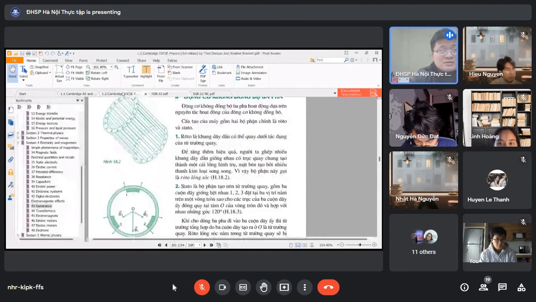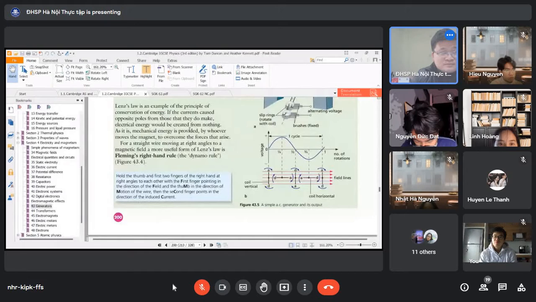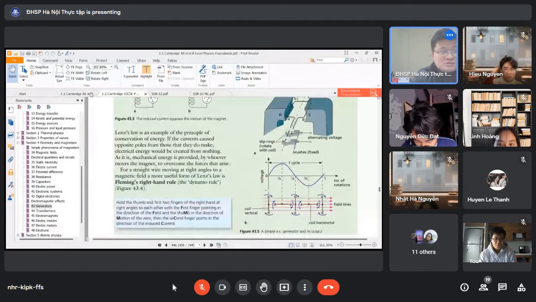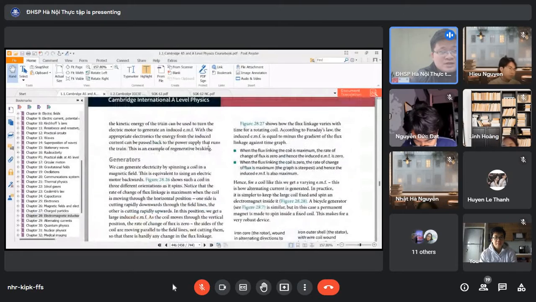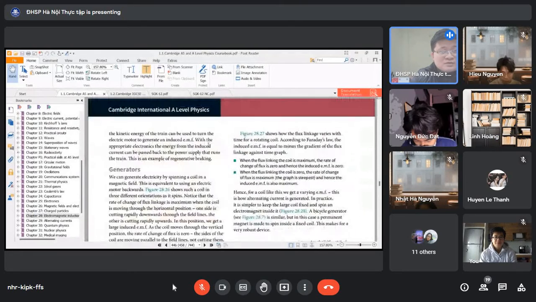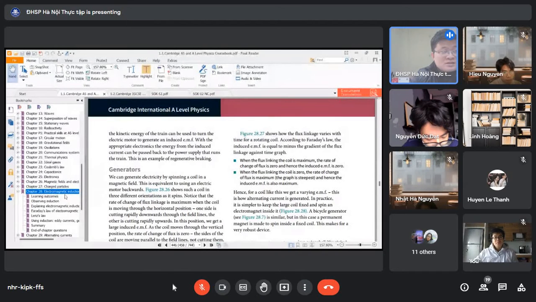Now go to the international textbook, let's say for the AS level or A level. The generator is just a small part, as I explained before. The whole chapter is electromagnetic induction, as you can see on the left.